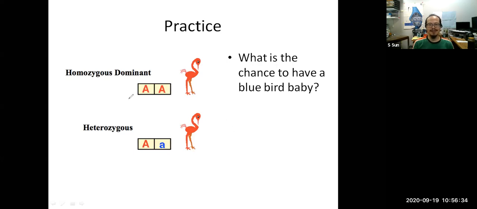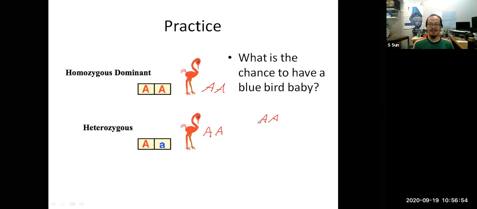So in here, if your red bird happens to be big A and big A, okay? Then the chance of the kids to have a blue bird is almost zero, right?